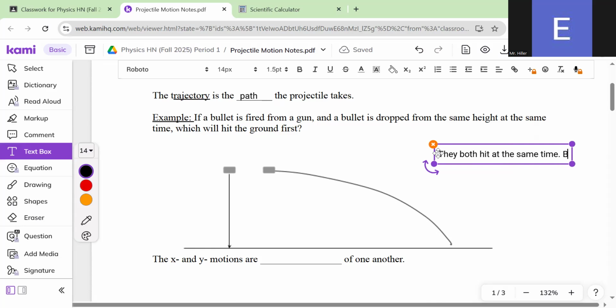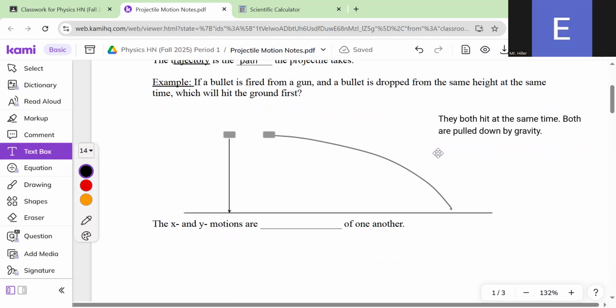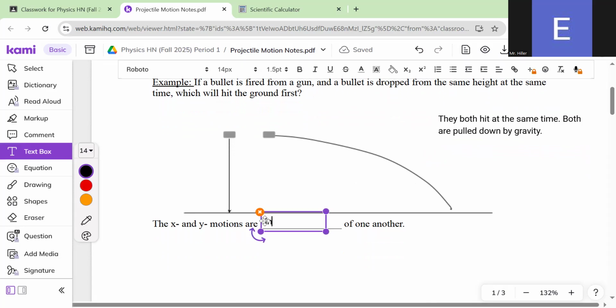Both are pulled down by gravity. I'll demonstrate this one for you in class. That means that the X and Y motions are independent of one another.